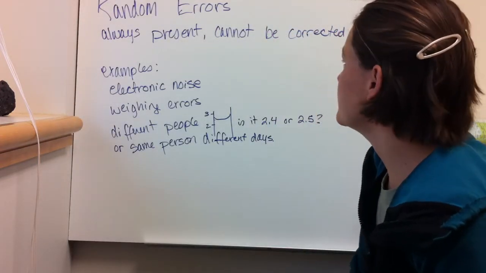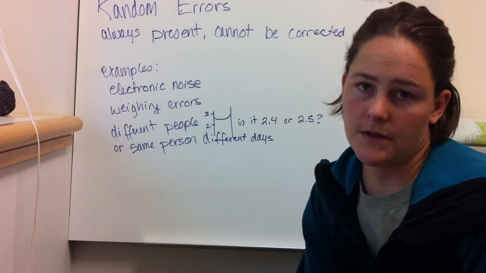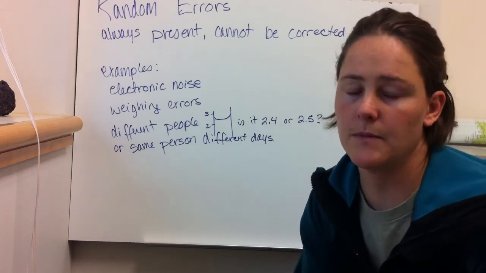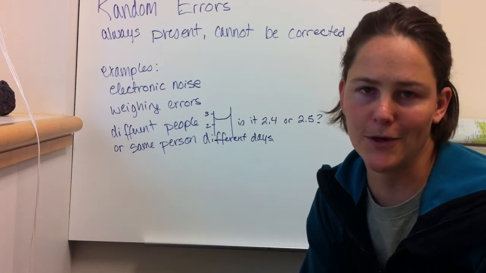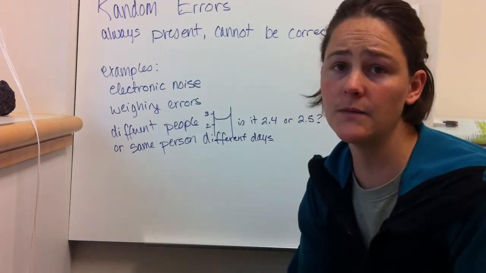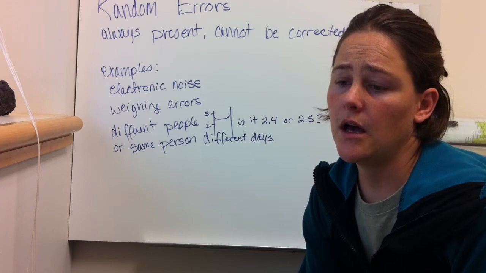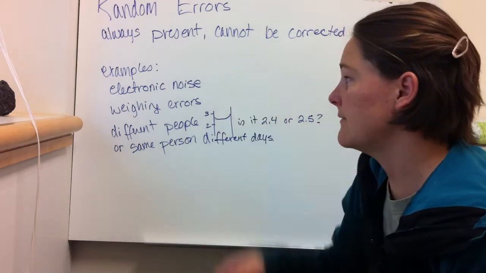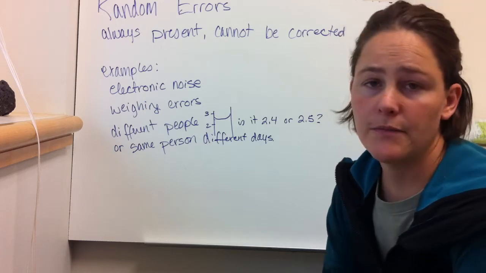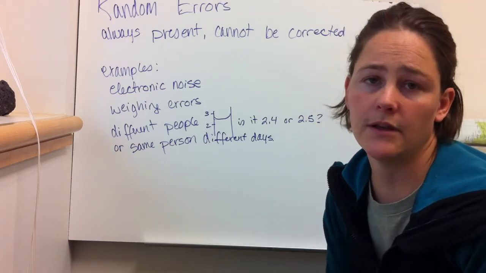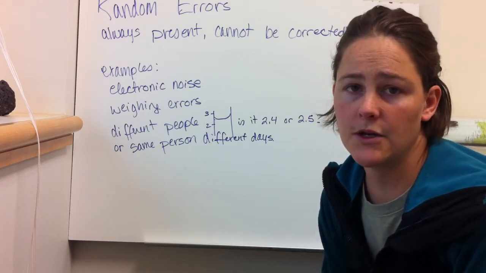Random errors, on the other hand, are always present and can't be corrected. We do things like weigh something a bunch of times so that we can try to quantify the random errors. They result from things like electronic noise, weighing errors, having different people make measurements, or having the same person on different days making measurements.